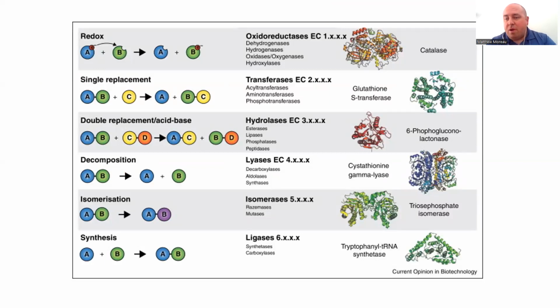So not so surprising, even though these are the two more common types of reactions that occur based on enzymes, right? So this is synthesis and decomposition. There are other enzymes that exist that do really important biochemistry for different things.